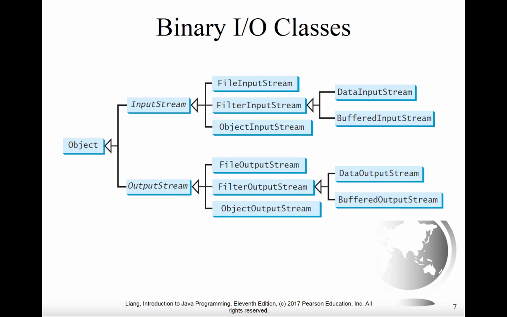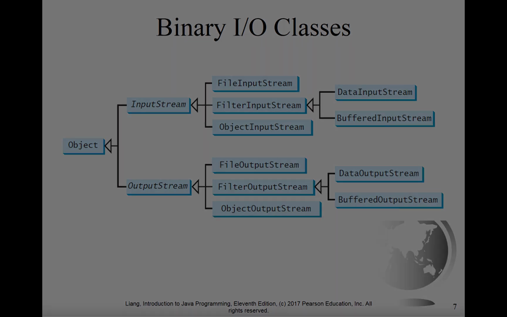From input stream, we have file input stream, filter input stream, and object input stream, and their counterparts in output are file output stream, filter output stream, and object output stream. And then finally on the input side, from filter input stream, we inherit data input stream and buffered input stream. From filter output stream, we inherit data output stream and buffered output stream. So we're going to be looking at all these classes and how we use them in the context of doing binary I/O.